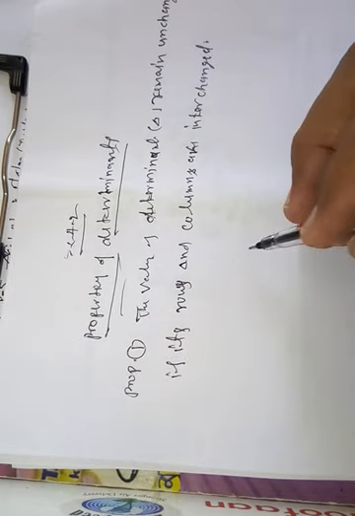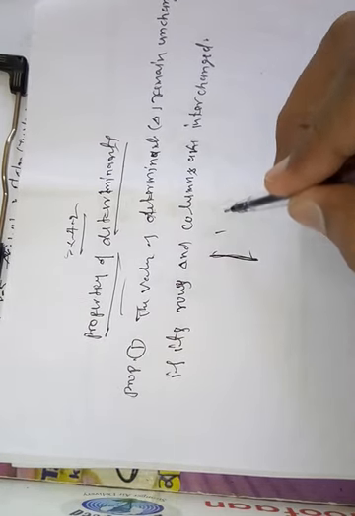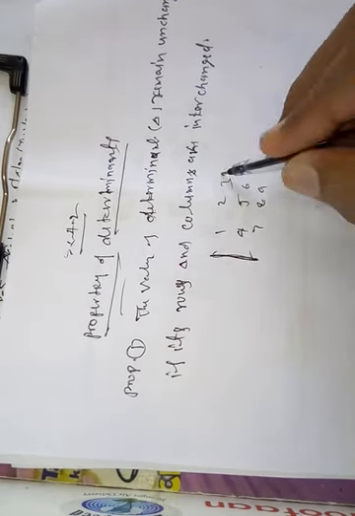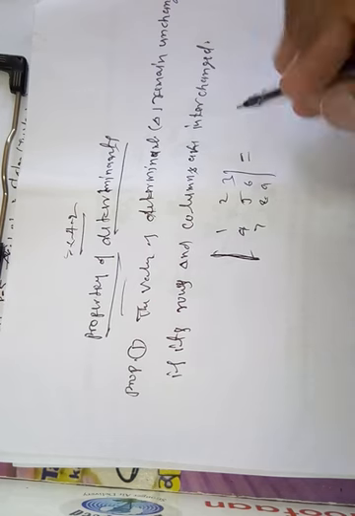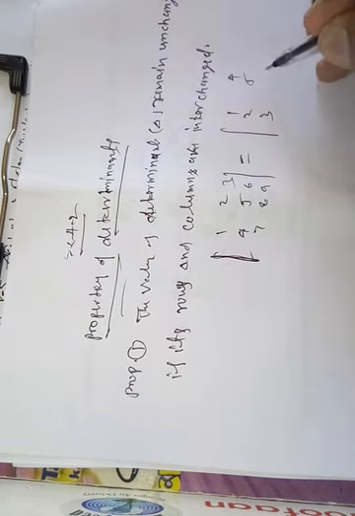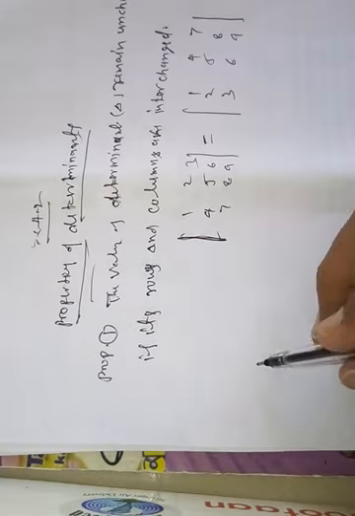For example, take the determinant with rows 1 2 3, 4 5 6, 7 8 9. Changing rows to columns gives columns 1 2 3, 4 5 6, 7 8 9. This is the first property.